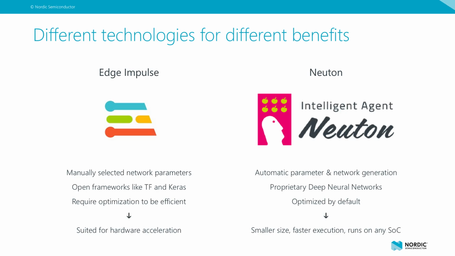Most importantly, we have only suggested Edge Impulse models for the nRF5340, the nRF52840, and our higher-end SoCs in each series, while the Neuton models can run on any SoC down to the nRF52805, even nRF51 series processors. So these are the main differences between Neuton and Edge Impulse as I see it.